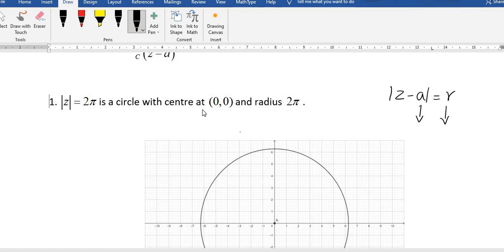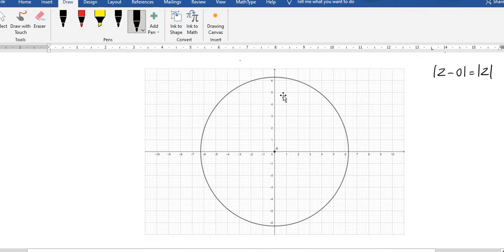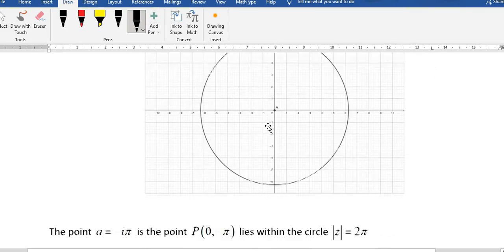That means modulus of z minus 0 is nothing but mod z only. So the center is origin, and the radius is 2 pi. 2 pi means 2 into 3.14, that is nearly equal to 6.28. With the center at origin, the radius is 6.28. This is the diagram of the contour.